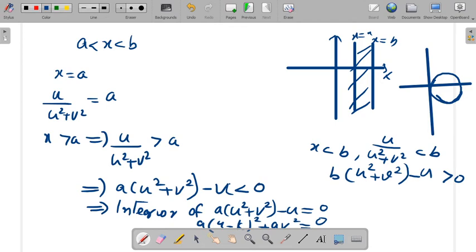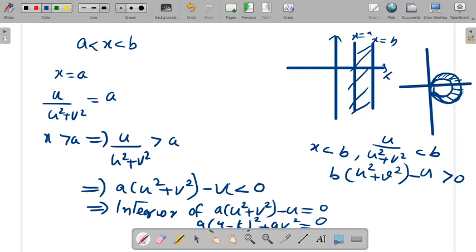So we have another circle that passes through the origin with center on the horizontal axis because v = 0, and greater than 0 means we map to the exterior of the circle. So interior of the circle and exterior of the circle, the image will be this. So we have this as the image of the infinite strip.